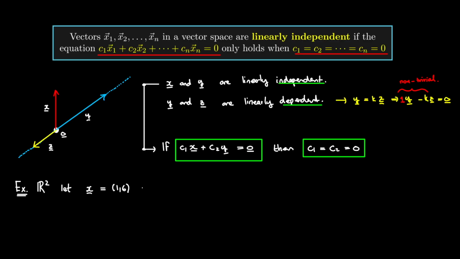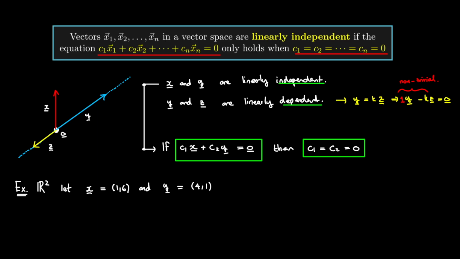And let's take another random vector. I'm looking at the time, it says 11:41, so we're going to put here (4, 1). And let's check: are these two vectors linearly independent or are they linearly dependent?